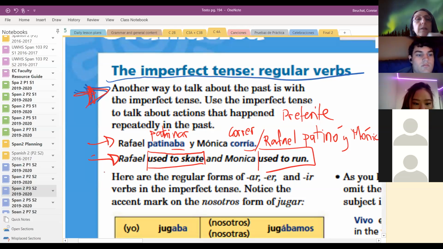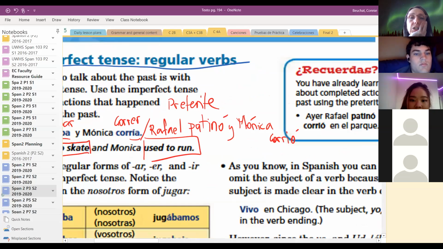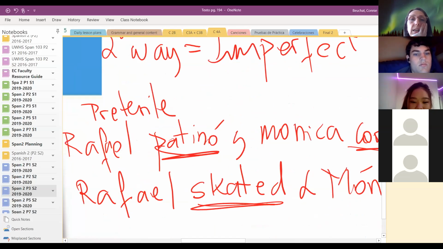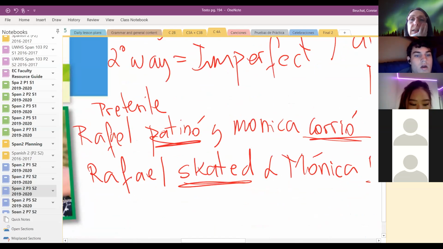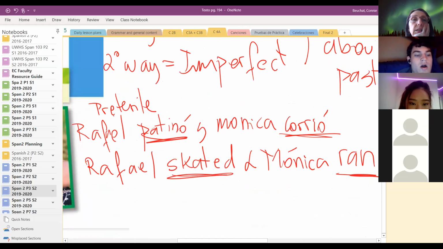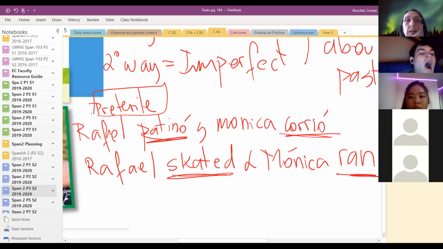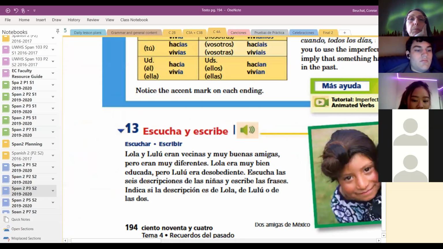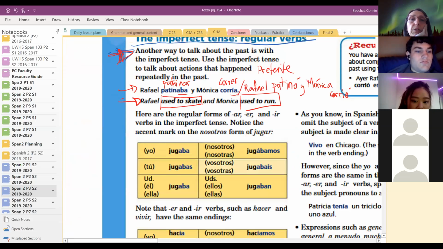Look at this. Would it be just Rafael skated and Monica ran? That is, chan chan chan. What you just said is this. Oh, got it. So what is it, what you just said? Preterite. That's the preterite. So let's go back and see what's the imperfect.